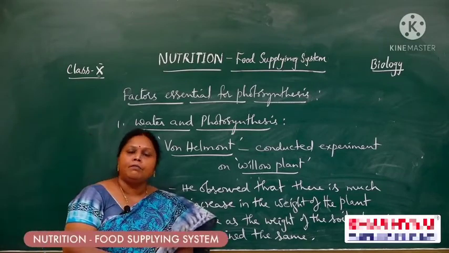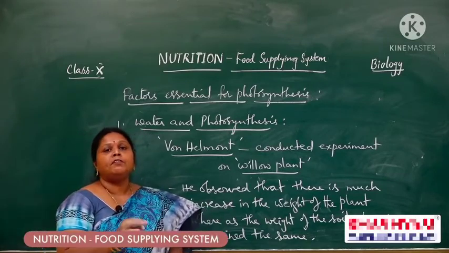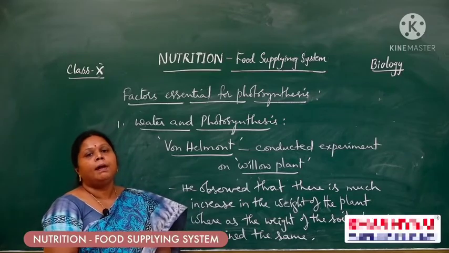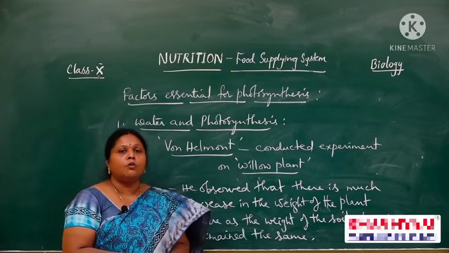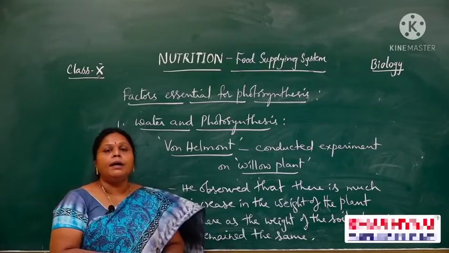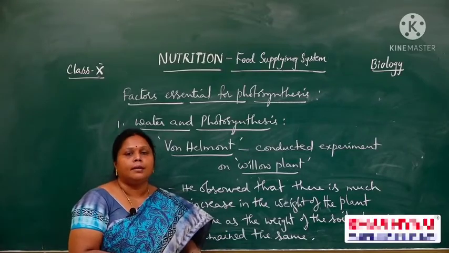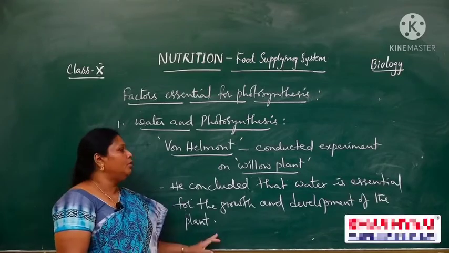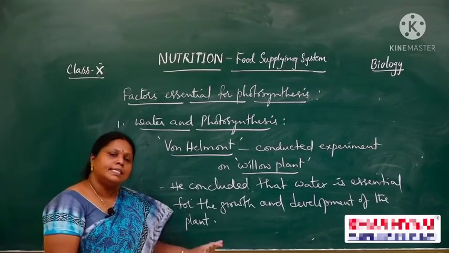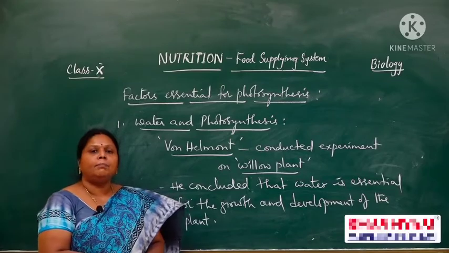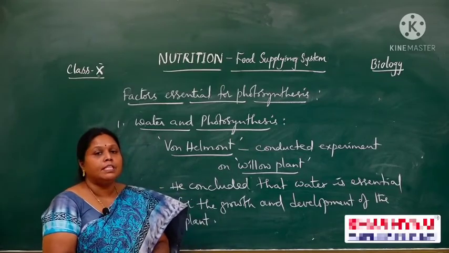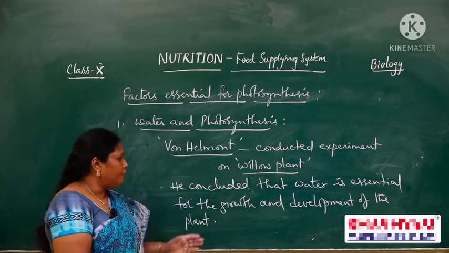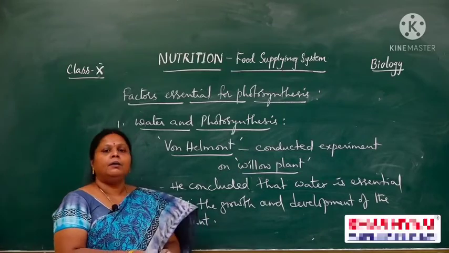Initially the plant weight was very less, whereas after 5 years the weight of the plant is very much increased. Understood? So from this Helmont came to a conclusion. Helmont concluded that water is essential for the growth and development of the plant. That is, water is necessary for photosynthesis, which is helping for the growth and development of the plant.